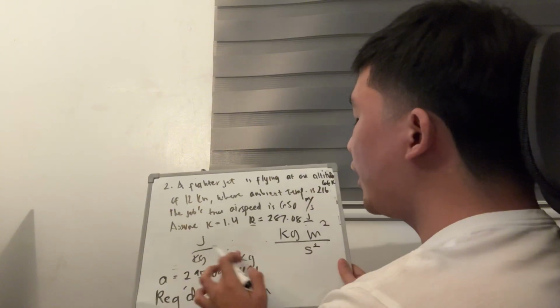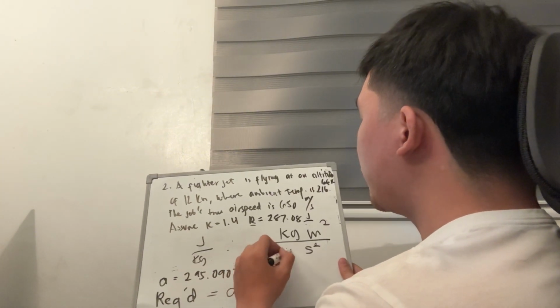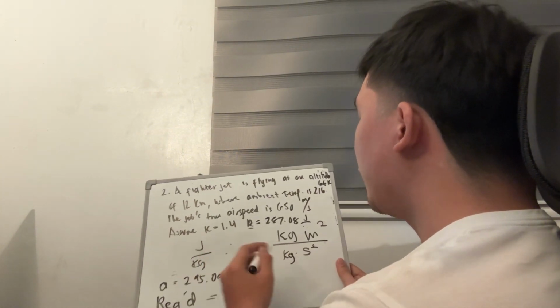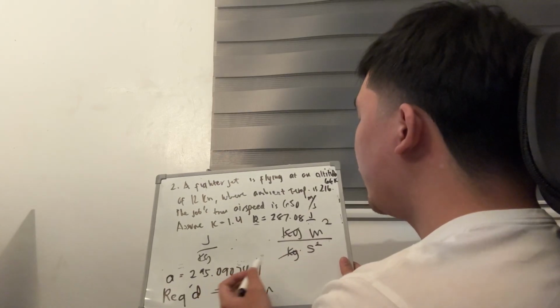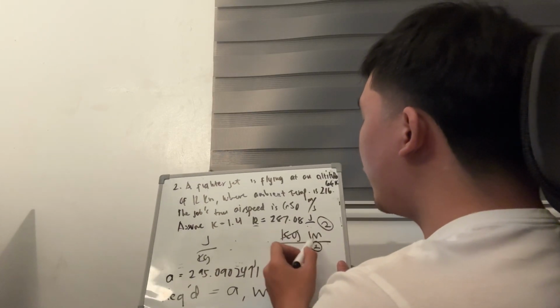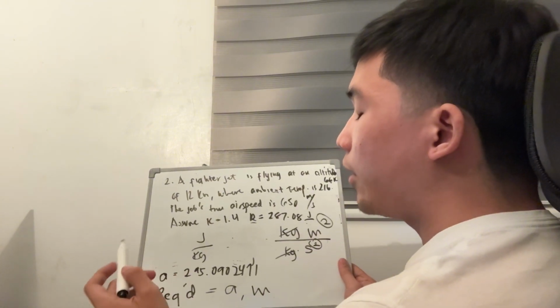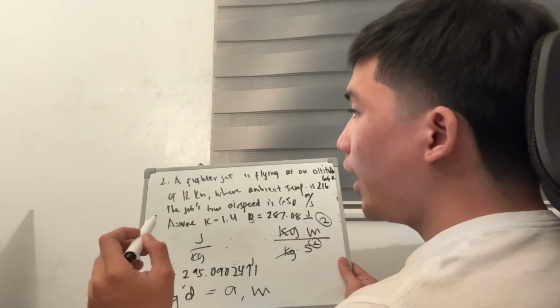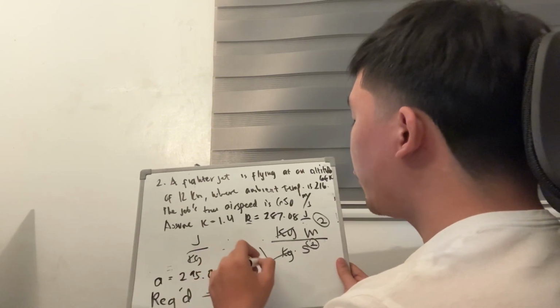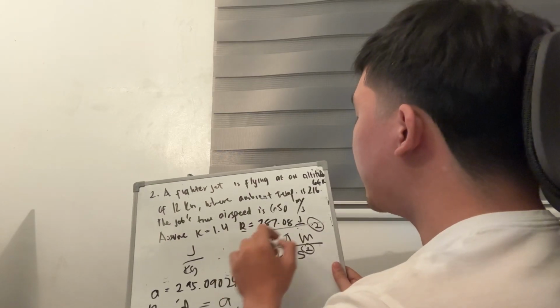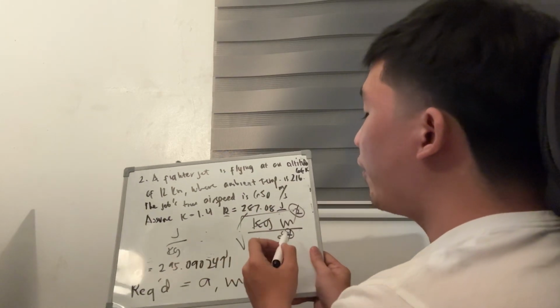And since we have kg left, we can just cancel it out. And since the formula for speed of sound is square root of KRT, we need to take the square root, then we can cancel it out. So we have meters per second.